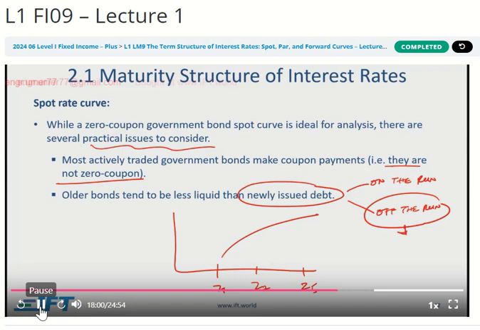Off the run securities are not traded that frequently, which means they are less liquid. Saying not traded at all is incorrect; they are not traded that frequently. So I think a better word to use would be less liquid, right? Which means then you don't know what the market price is. And if you don't know what the market price is, well, how are you going to calculate the yield?